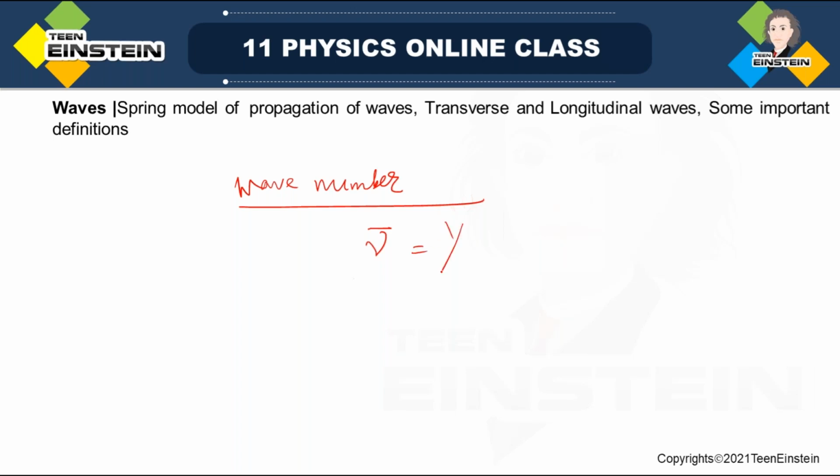That means it is 1 over lambda. Then there is the angular wave number, with the relation k is equal to 2 pi by lambda. So this is the angular wave number of propagation.